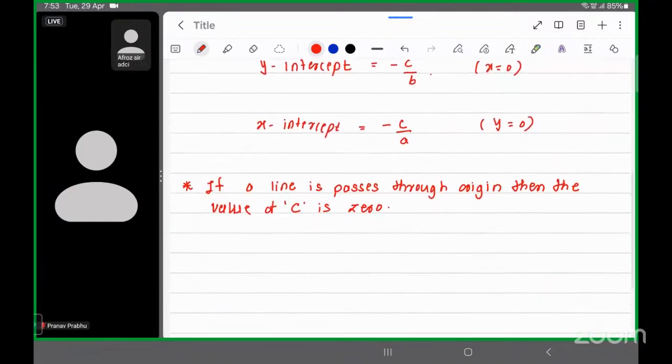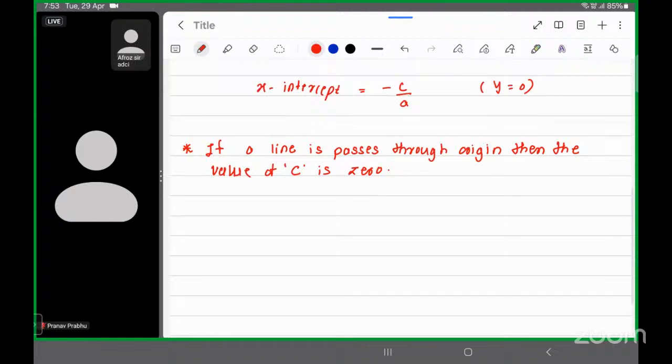Okay, let's see, moving forward now. Let's do the condition for parallel and perpendicular lines.